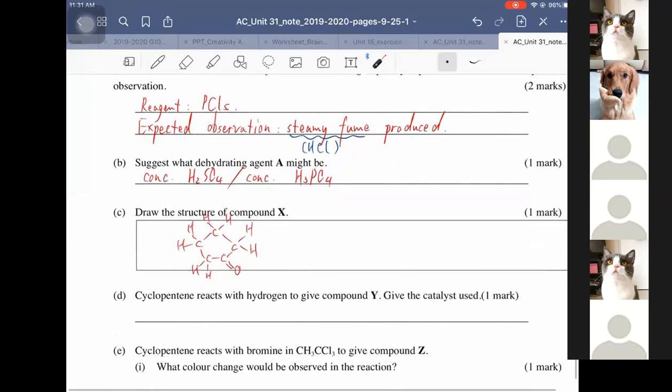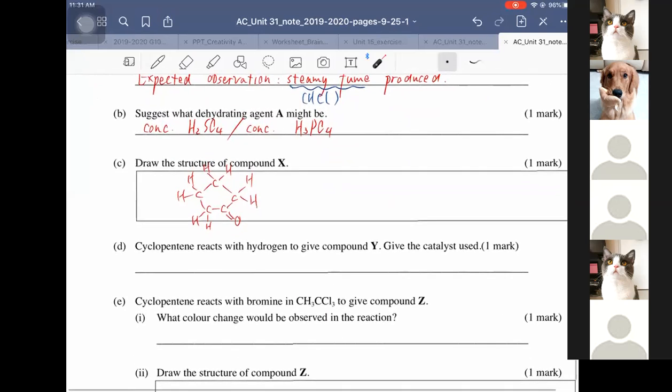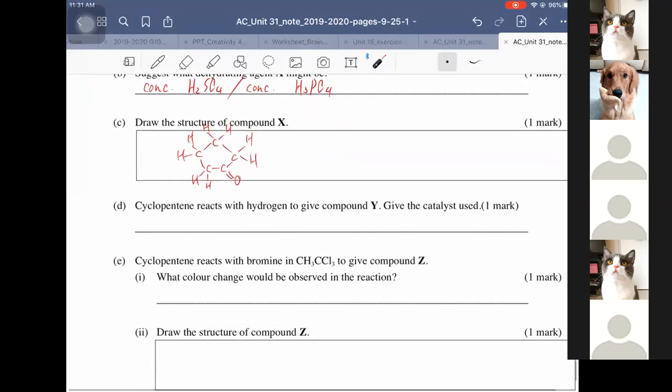When we did the revision of the alkene reactions, we were asked to remember the three choices for the catalyst. You can choose from nickel, platinum, and palladium, one of these three.